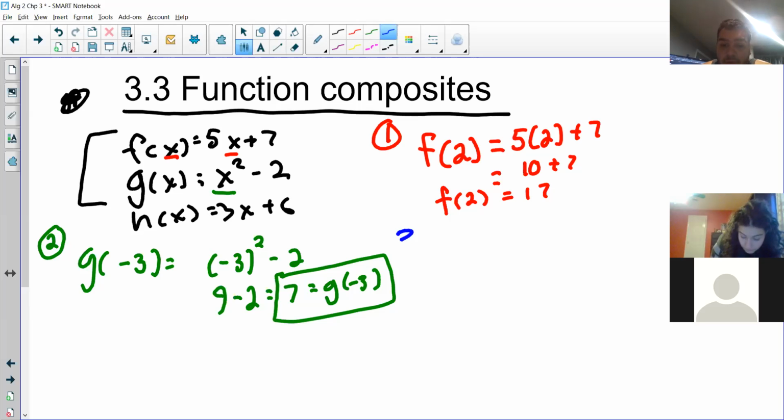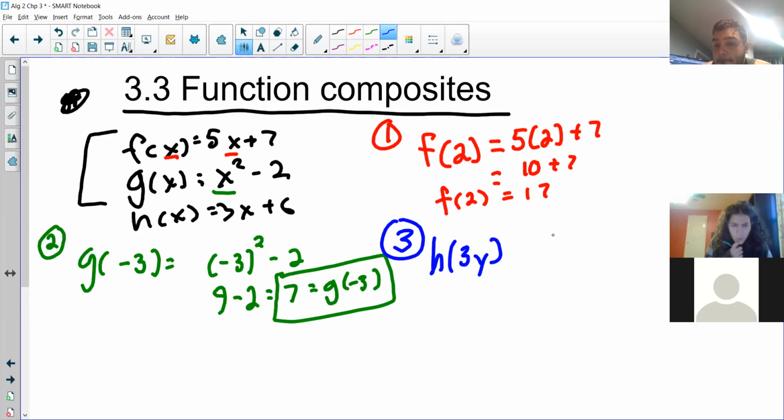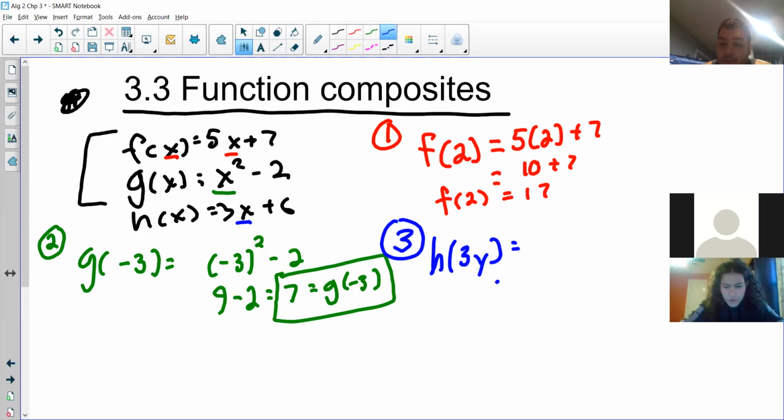For example, number 3, instead of h of x, I'm going to put h of 3y. If I put 3y here, that means every x in this question is replaced with a 3y. So 3 times 3y plus 6. The -2 is from the original g of x over here. That's why it's -2.